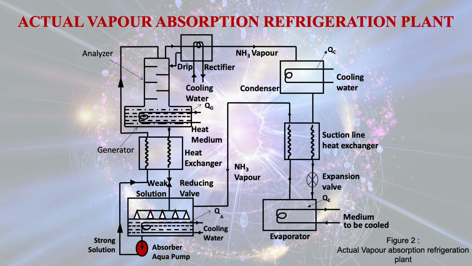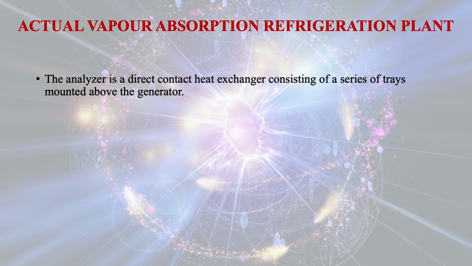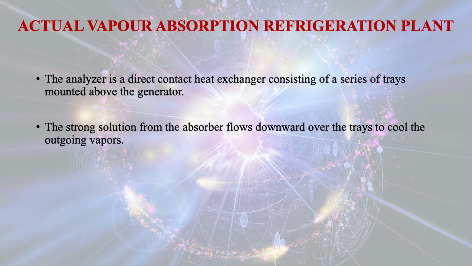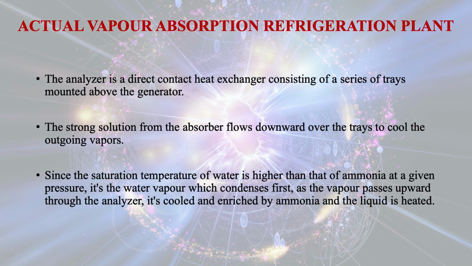absorption refrigeration system. The analyzer is a direct contact heat exchanger consisting of a series of trays mounted above the generator. The strong solution from the absorber flows downward over the trays to cool the outgoing vapors. Since the saturation temperature of water is higher than that of ammonia at a given pressure, it's the water vapor which condenses first.